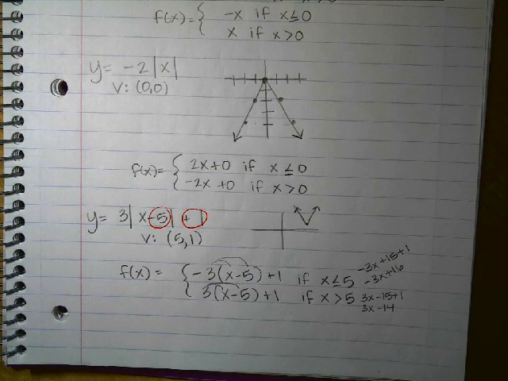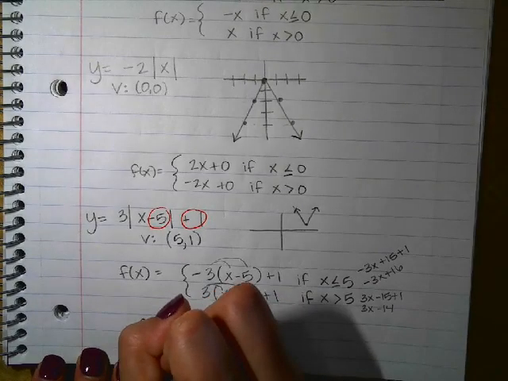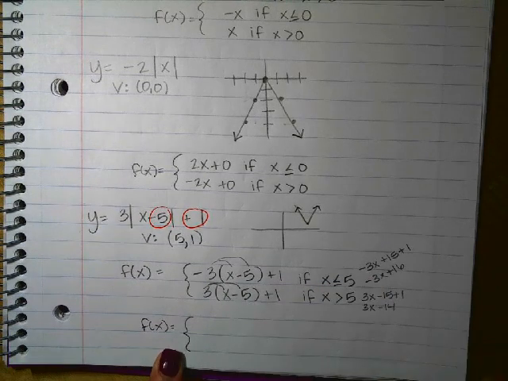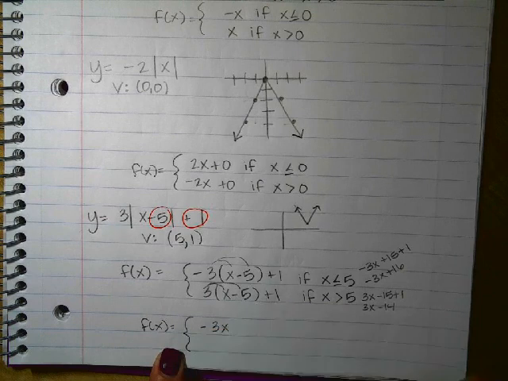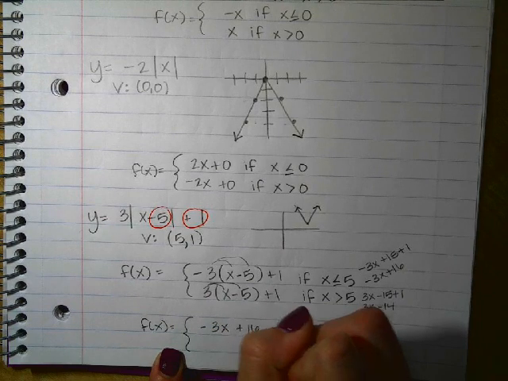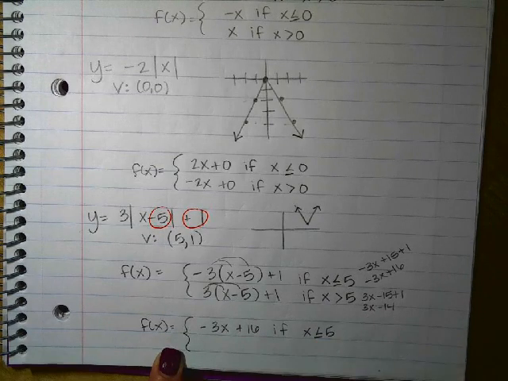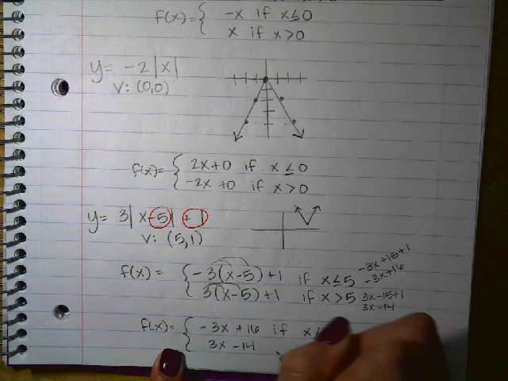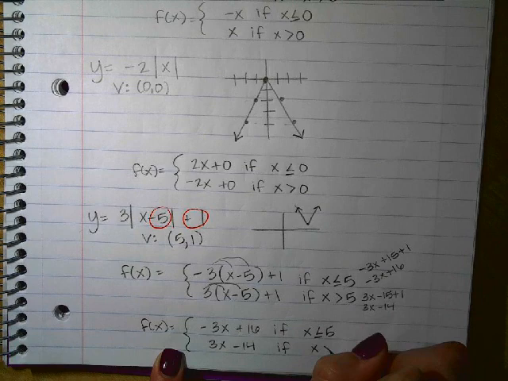So to write my final answer for this one, I'm going to say f of x equals negative 3x plus 16 if x is less than or equal to 5, and then positive 3x minus 14 if x is greater than 5.